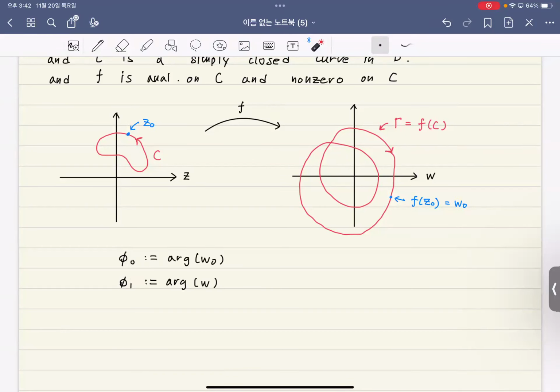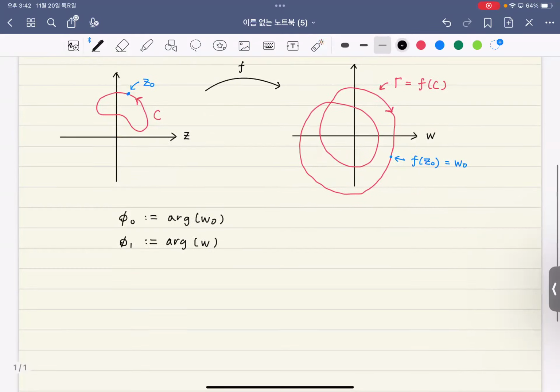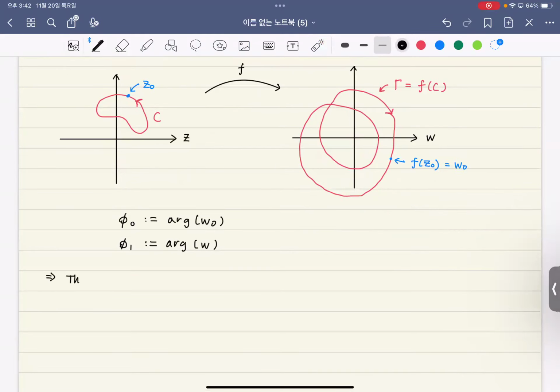All right. So the change of argument along the curve gamma, which is phi 1 minus phi 0, is defined to be the winding number of curve C of function f, which is denoted like this.